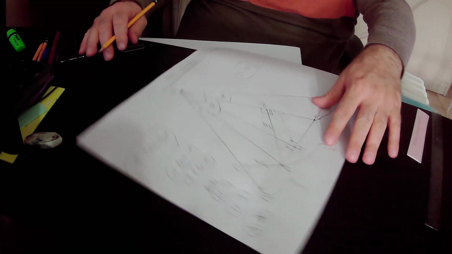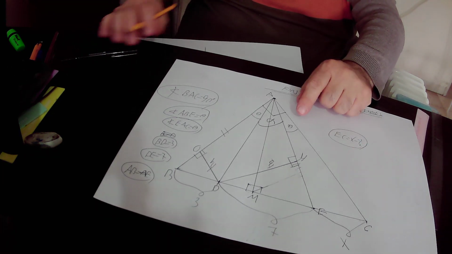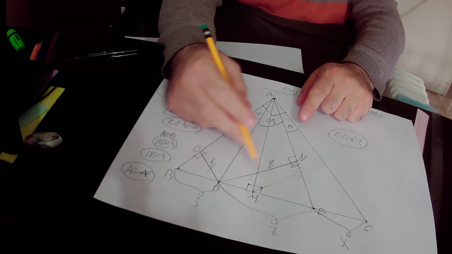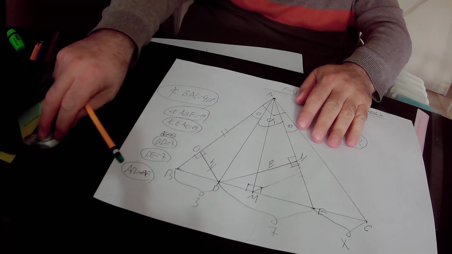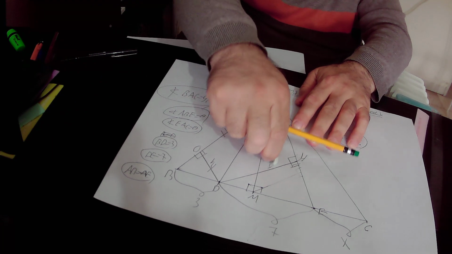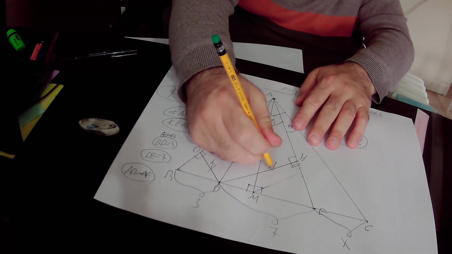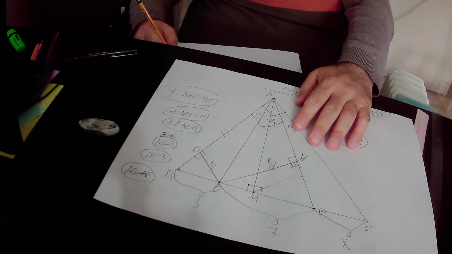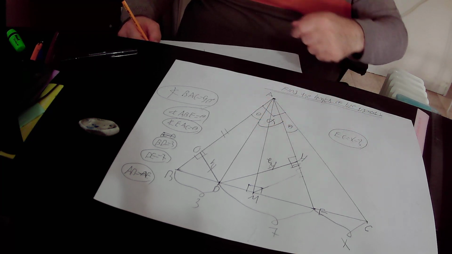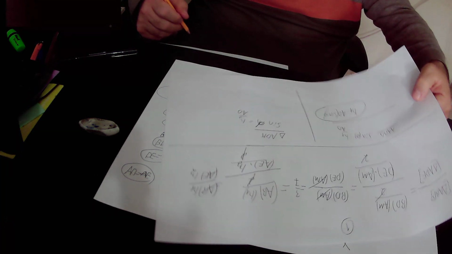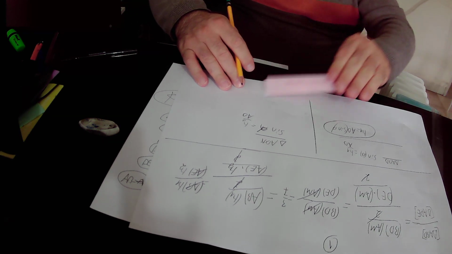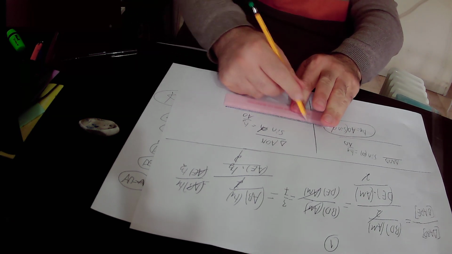In the right triangle ADK, sine alpha equals H2 over AD.